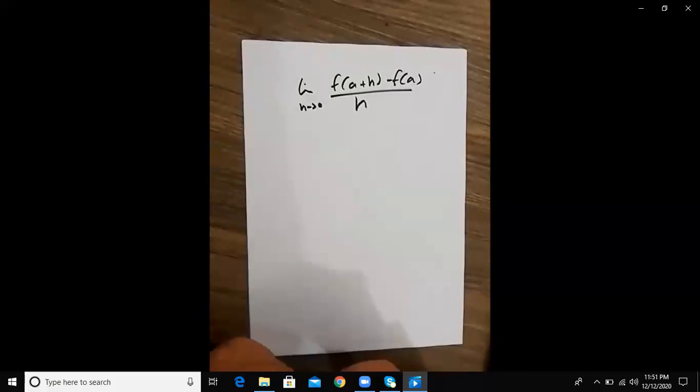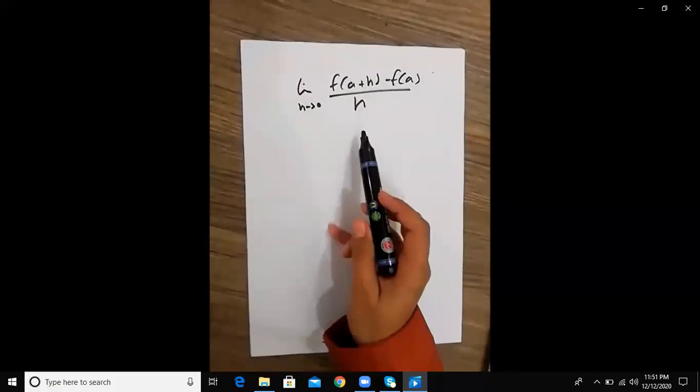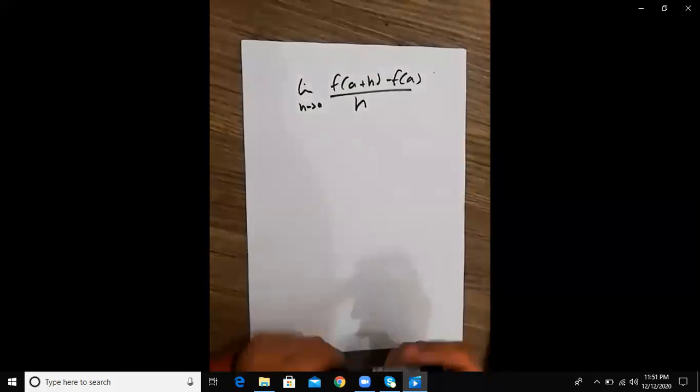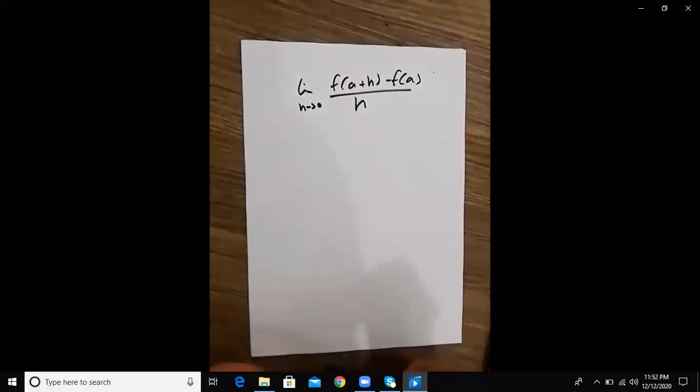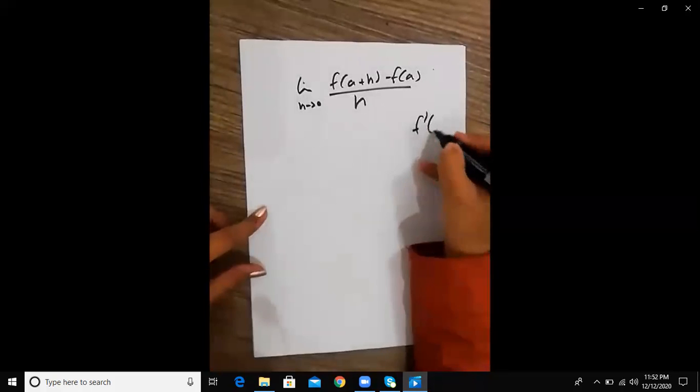This is where the derivative comes into being. Limit h approaches 0, f of a plus h minus f of a, whole divided by h, is equal to the derivative of a function at the particular point a.